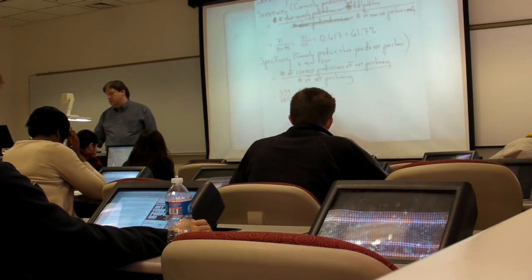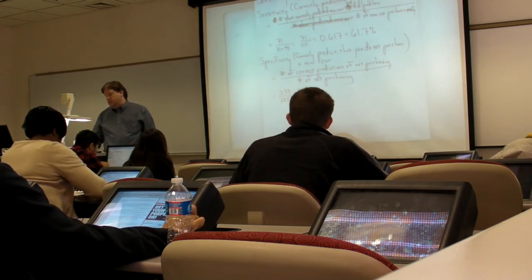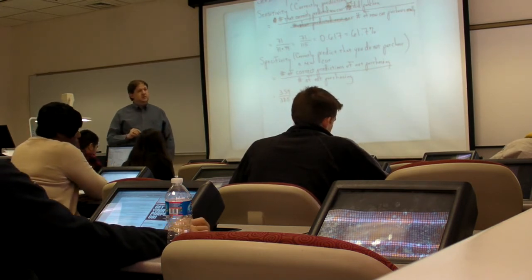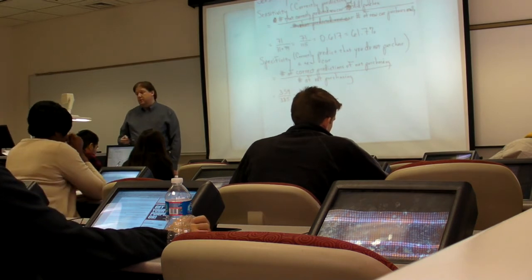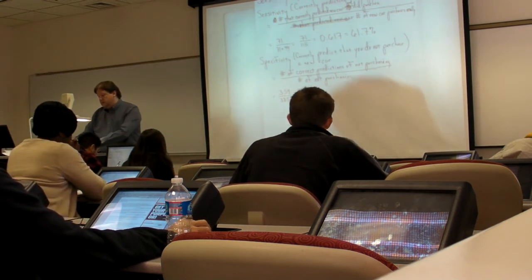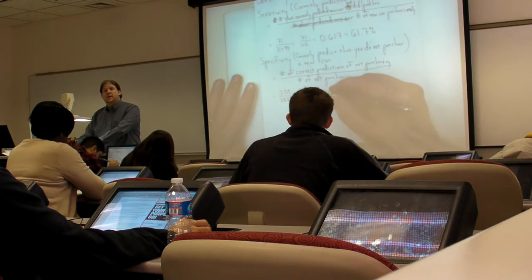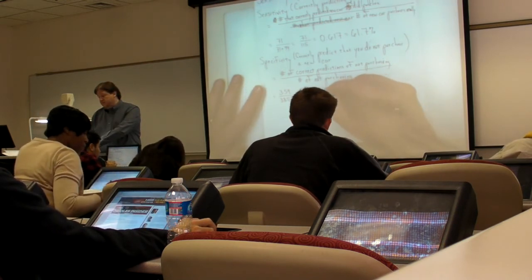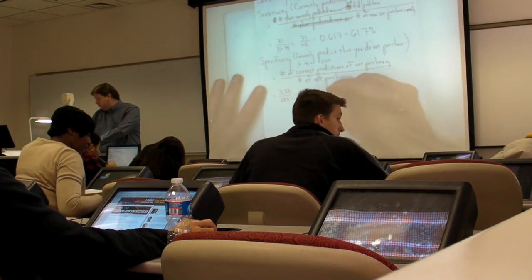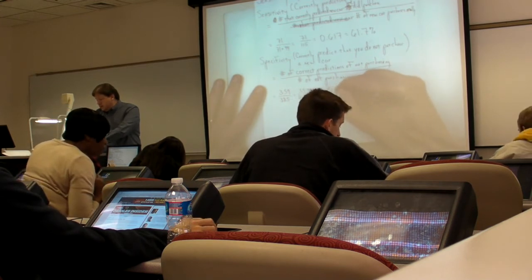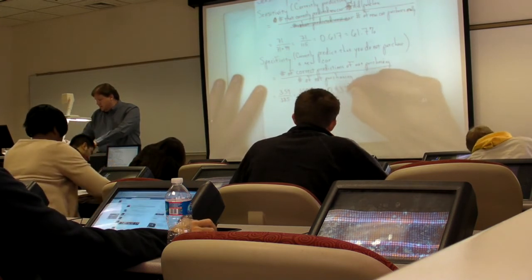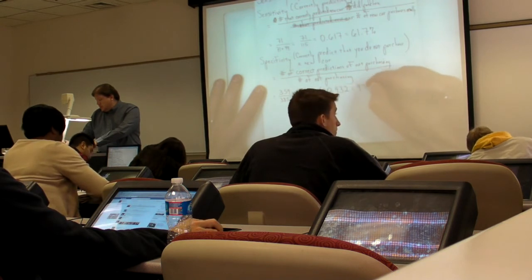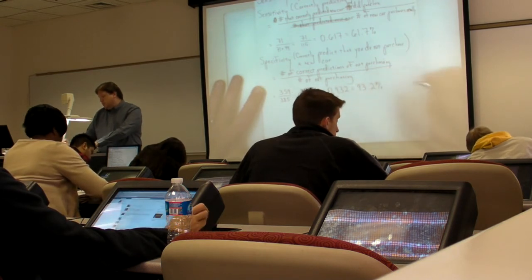So what we can do is just add up 359 plus 26. When we add them up, we get 385. And so in this case, we're going to take 359, divide by 385. And in this case, we get 0.932, or 93.2%.